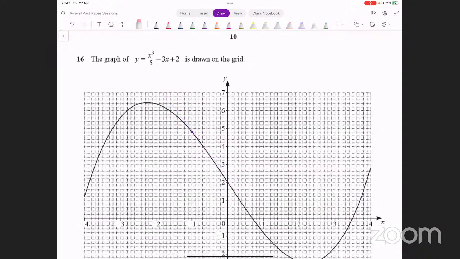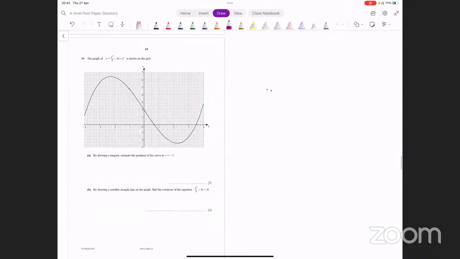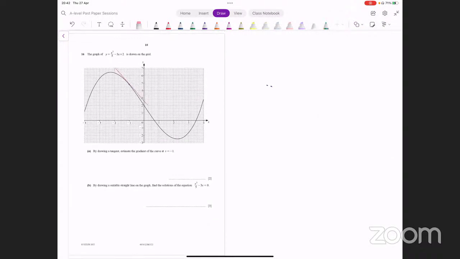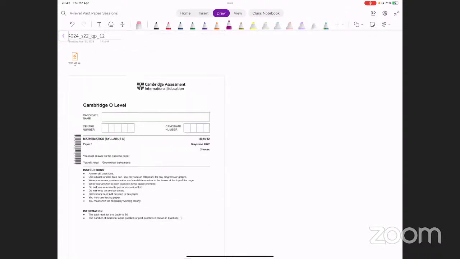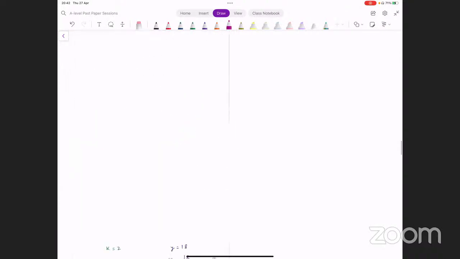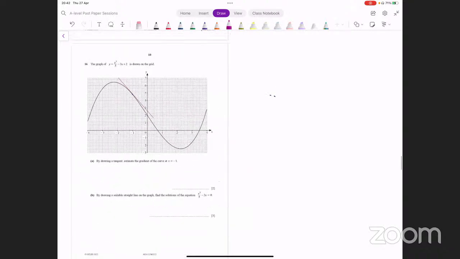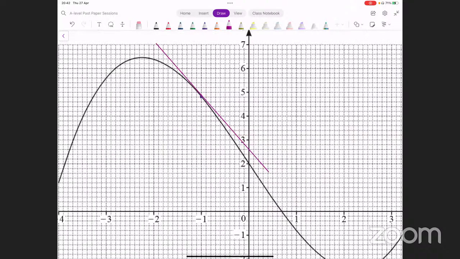So OneNote में थोड़ा सा मसला होता है, PDF के ऊपर ड्रॉ करना जो है slightly tricky. Okay, so this could be one possible tangent. Okay, तो ये आपका tangent बन गया. Yeah, so it's causing some problems. Yeah, so this is one possible tangent that you could have. Roughly, this is what you could get.